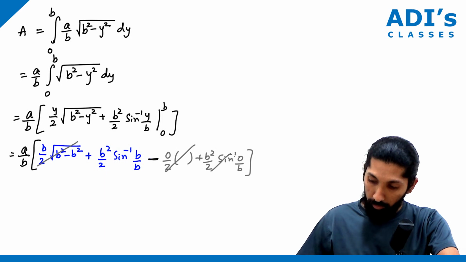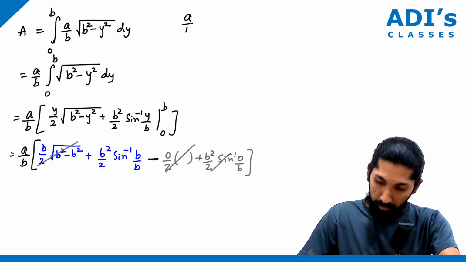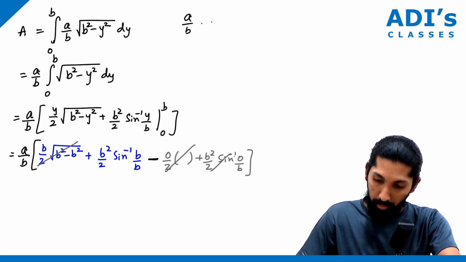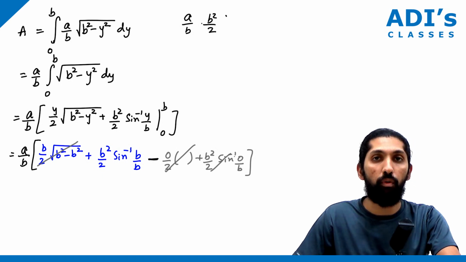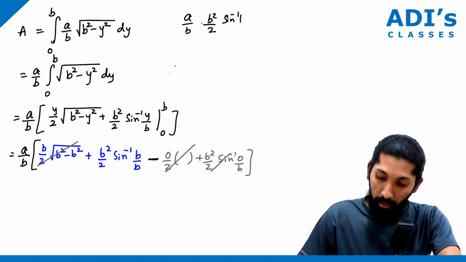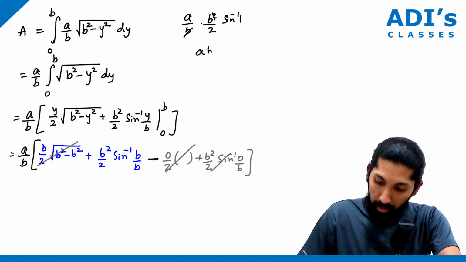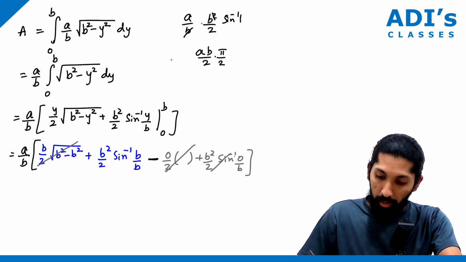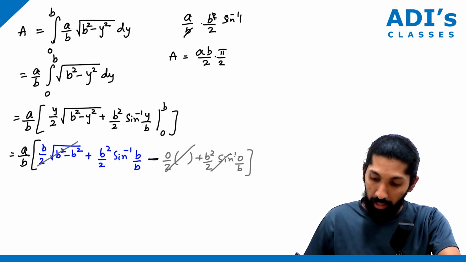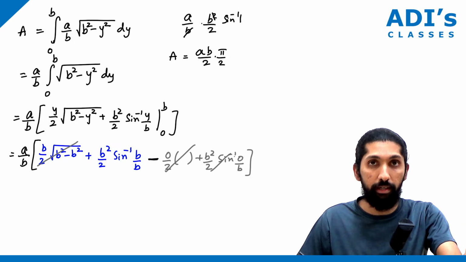So what do we end up with? We end up with a by b into b square by 2 sine inverse of 1, isn't it? Which becomes, so b and b cancel. What do we get? ab by 2 into pi by 2. Now remember, this is the area of a quarter, you can say quadrant, isn't it?